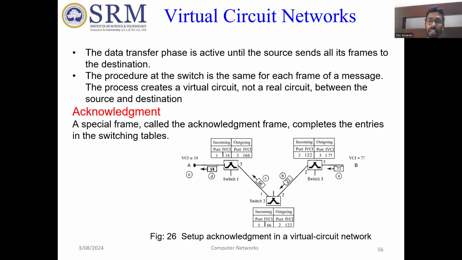So always, circuit switching will be preferred over packet switching because it is not as expensive, since in packet switching we have to divide the data into packets, which are of smaller size.